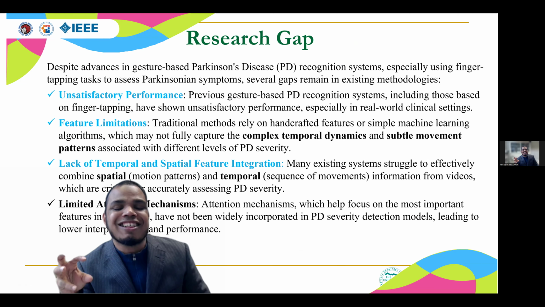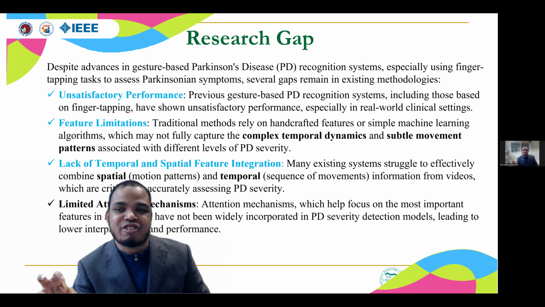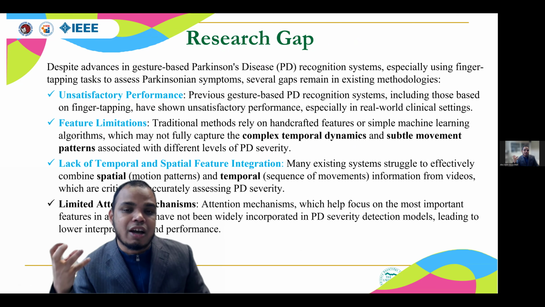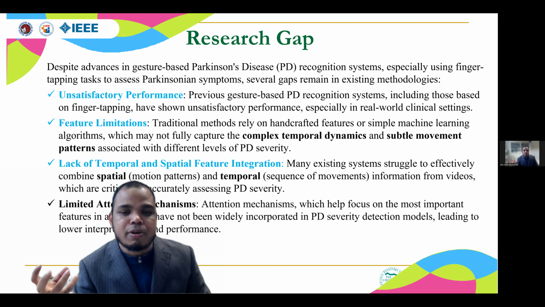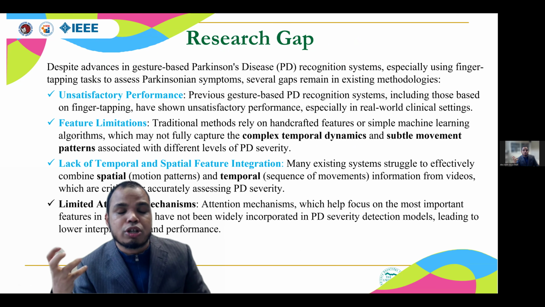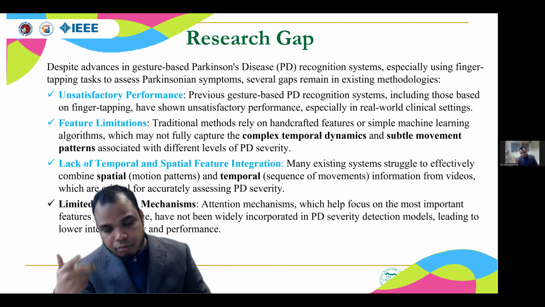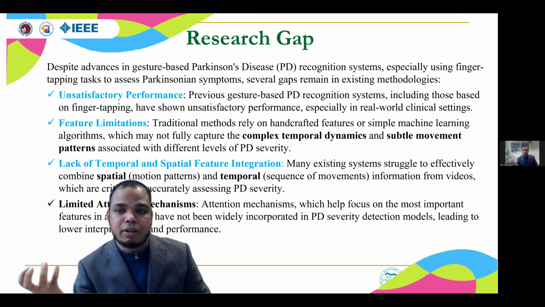Despite advances in gesture-based Parkinson's disease recognition systems, especially using the finger tapping task to assess Parkinson's symptoms, we found several gaps that inspired us to work in this domain, such as unsatisfactory performance. Low performance is one of the biggest challenges in this domain because of the various real-world clinical settings, and feature limitation is another main problem.